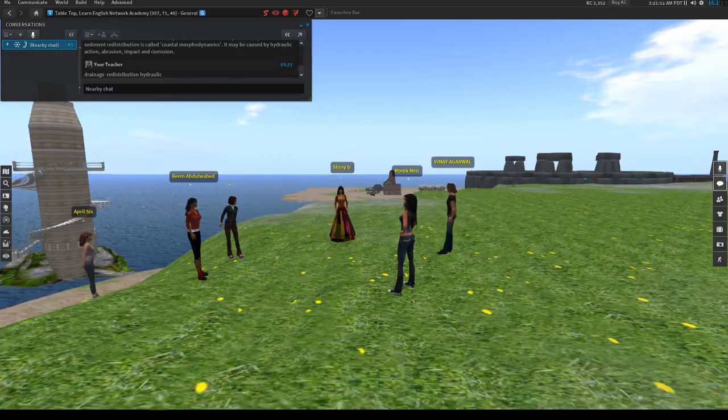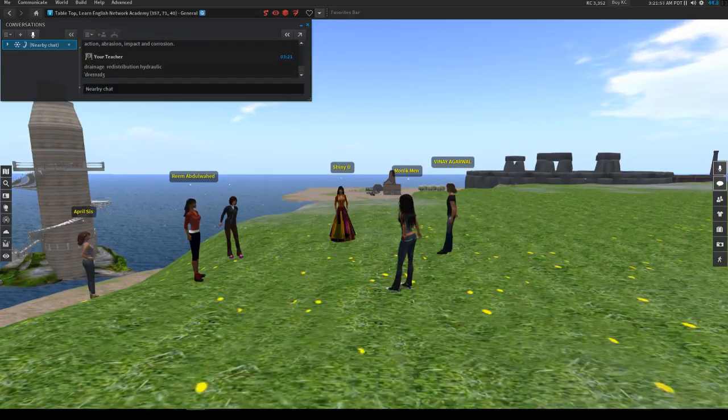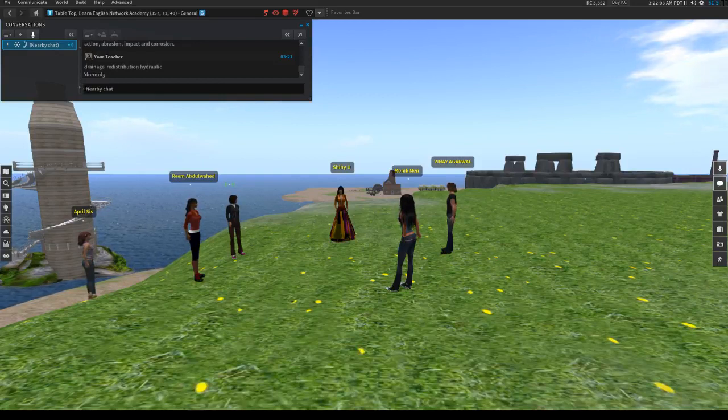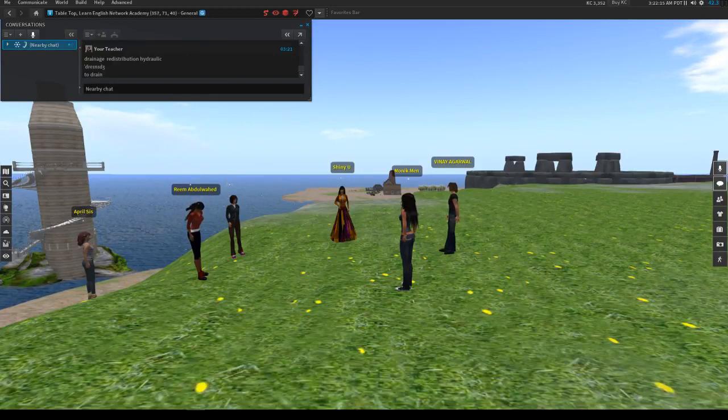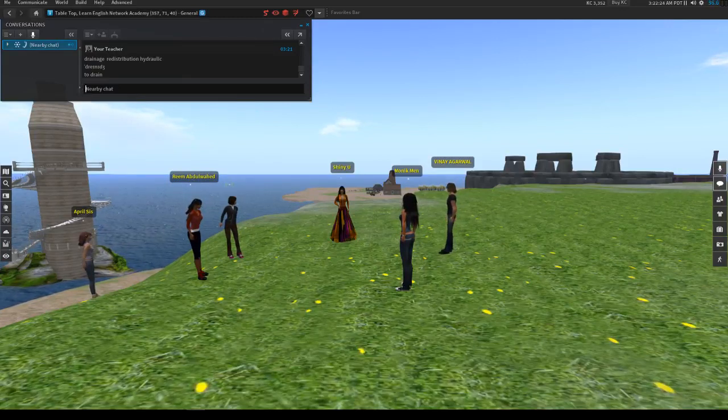So drainage, basically the carrying away of water. For example, if it were to rain here now, the water has to go somewhere. It has to drain. We often talk about the drainage in our homes as well. You all have drainage. And if you get your drains blocked, you'll know it.